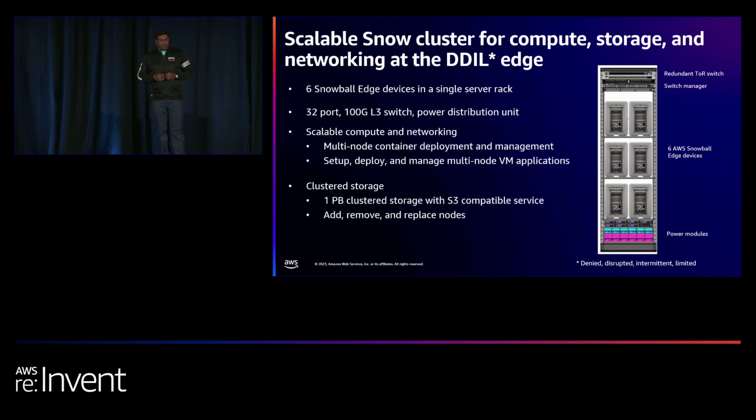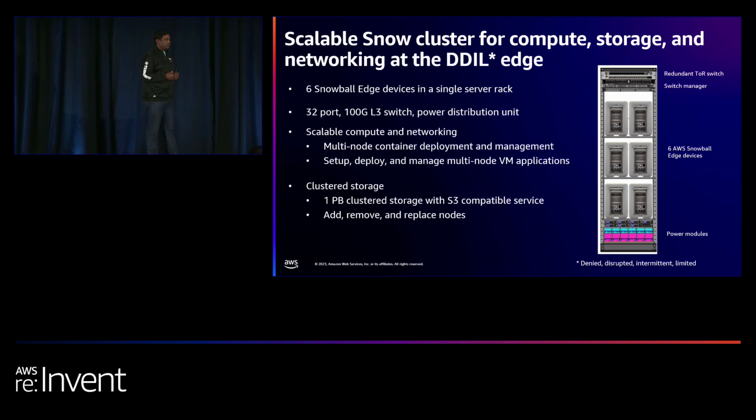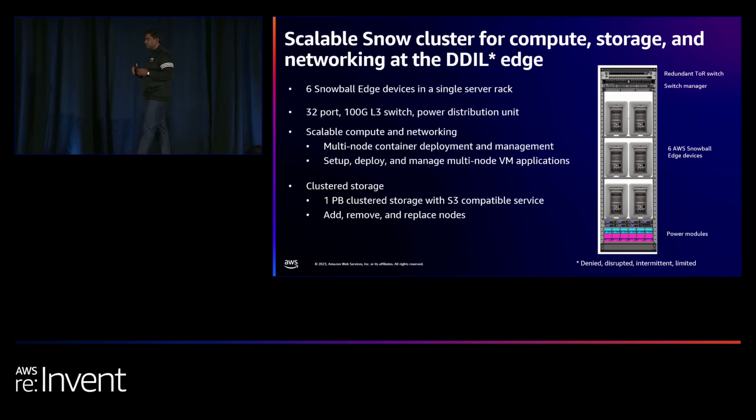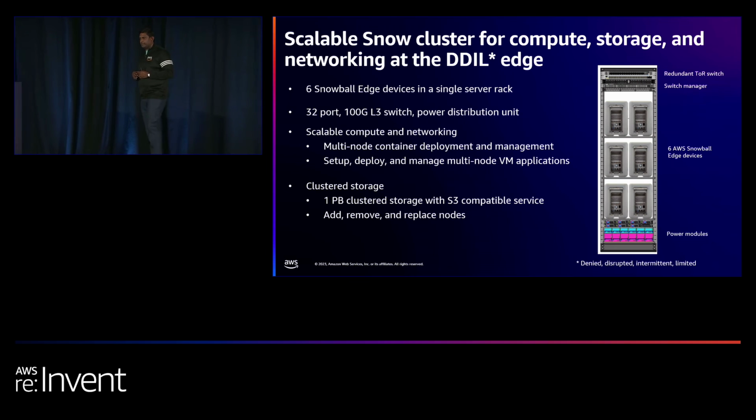I talked about, in the previous slide, a use case where customers are looking to store multiple petabytes of data at the edge location using multiple Snow devices. We're increasingly seeing our customers run more complex workloads, needing multi-node containerization, multiple Snow devices to run those complex workloads, or multiple Snow devices operating in a cluster to store many petabytes of data.